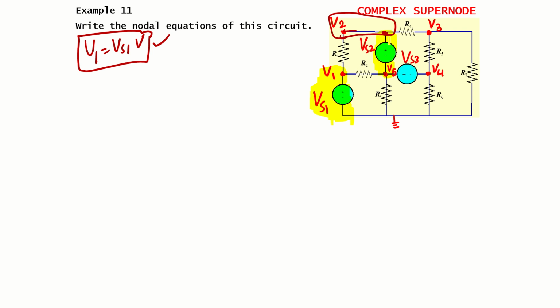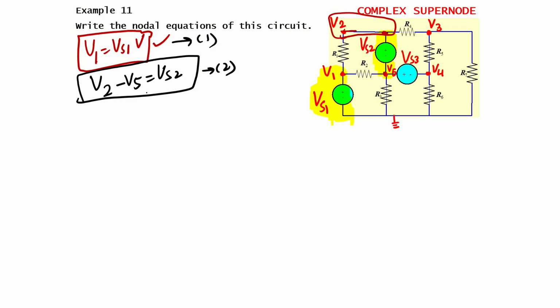This is a supernode, right? Now what will be the equation for this supernode? We can easily write it: V2 minus V5 is equal to Vs2. So this is our equation number 1, this is our equation number 2. So I got a supernode.